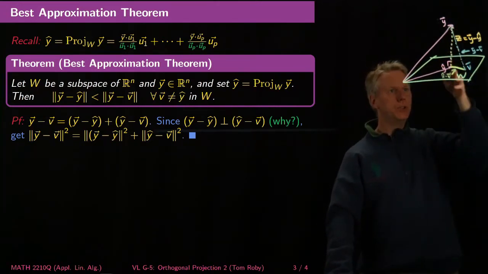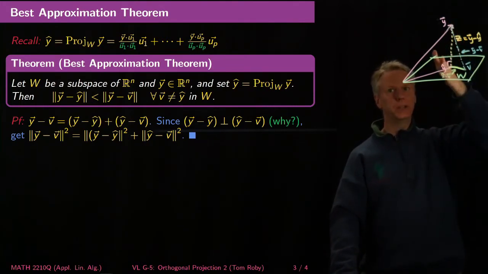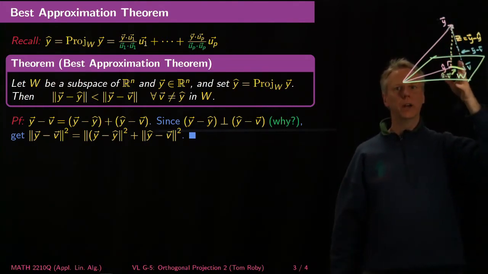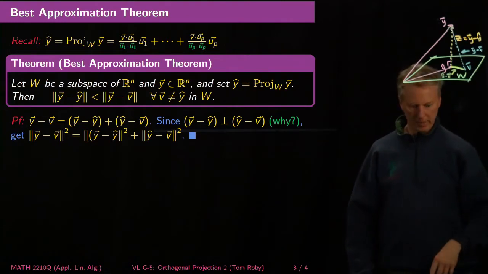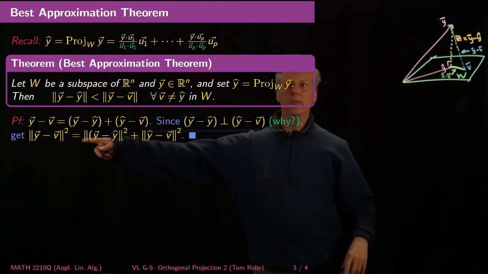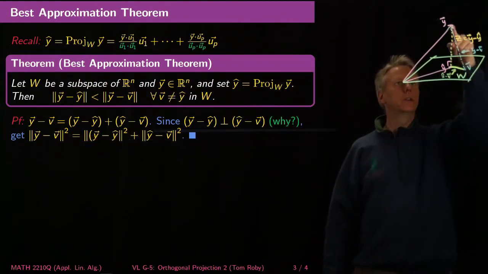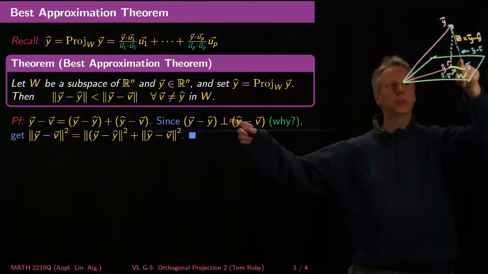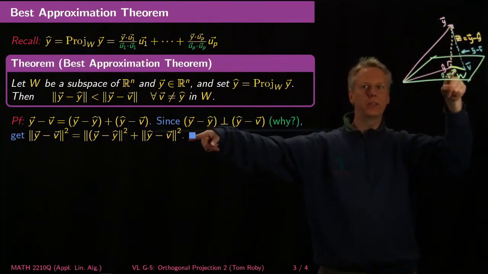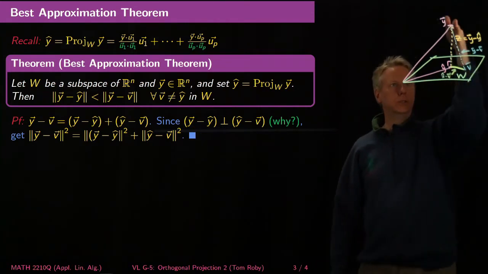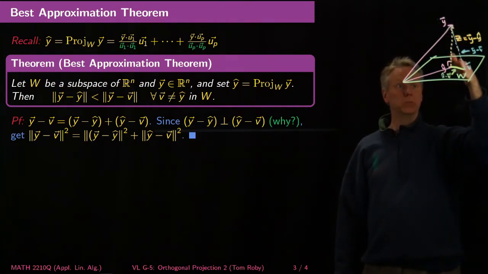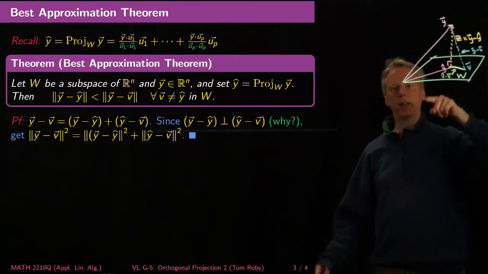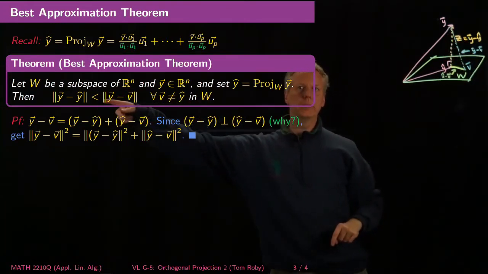Now, because these two vectors are orthogonal, just because of the orthogonal projection, what we end up getting is that the norm of y minus v squared, so this blue length squared, is equal to this length squared plus that length squared. And that means this length has to be strictly bigger than that length, and that's what this theorem is saying.